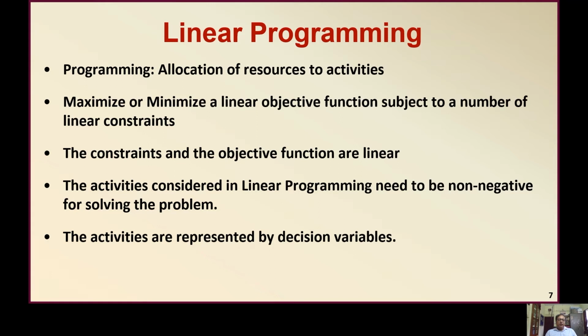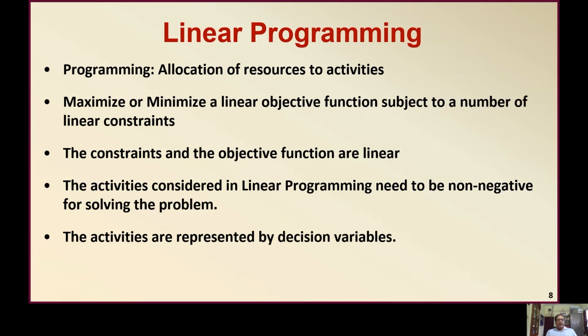You can think of negative numbers under some situations, but the moment you try to solve a linear programming problem, it is extremely important that we fulfill the non-negativity criteria. That means all the variables must be greater than or equal to 0. The activities are represented by the decision variables. So that is the principal thing about linear programming.